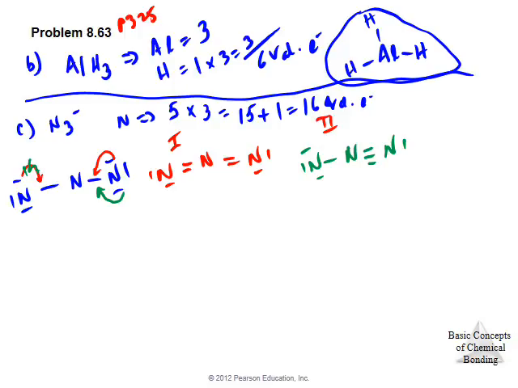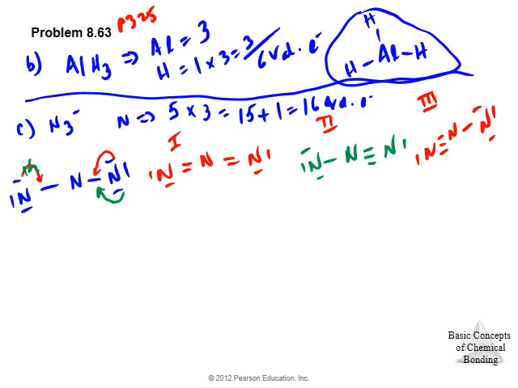This can also happen on the other side, with the triple bond on the other side. That gives me structure number 3. Let me write that down: central N, triple bonded nitrogen, single bonded nitrogen, and 8. So this is my structure number 3. Structures 2 and 3 are very similar, except that the triple bond is on the right side in one case and on the left-hand side in the other.